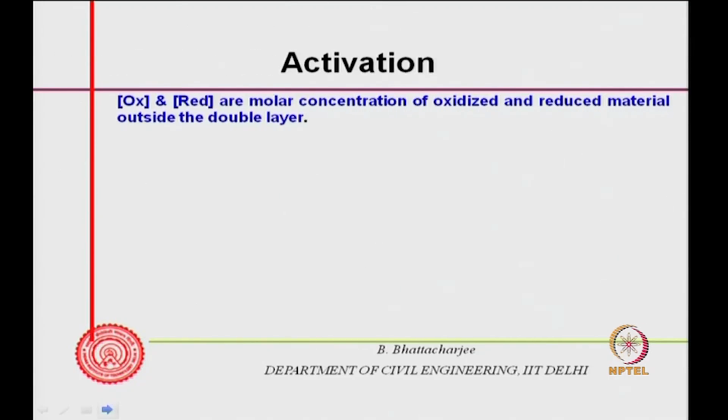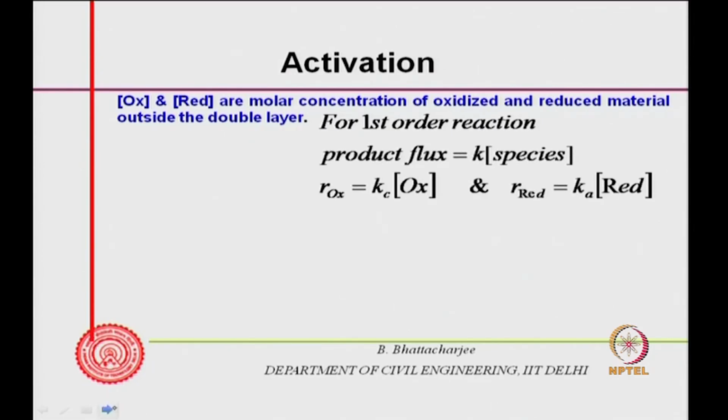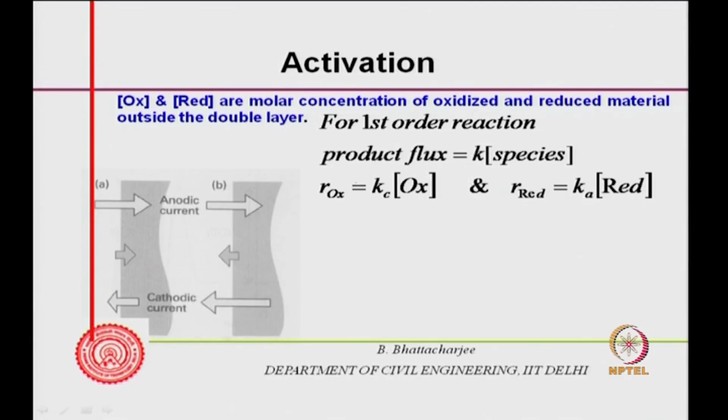These are the molar concentrations of the oxidized and reduced reactants outside the electrical double layer. First order reaction rate is proportional to K times the species. Therefore, the rate of oxidation and rate of reduction can be written like this.